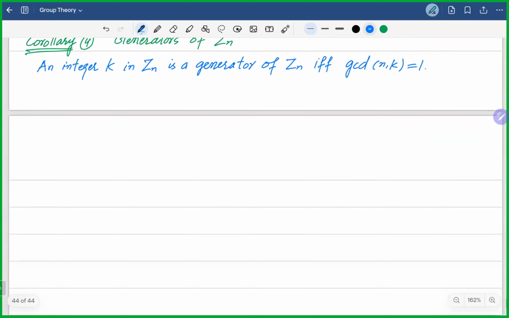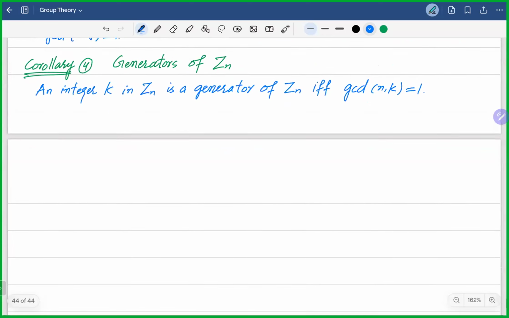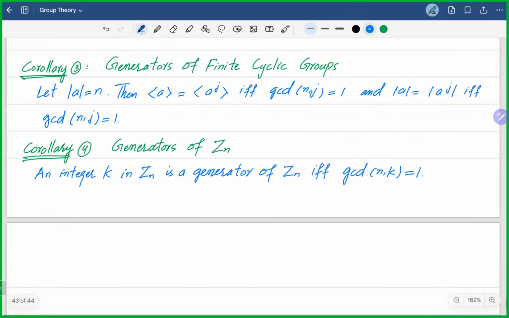Now, the value of corollary 3 is that once one generator of a cyclic group has been found, all the generators of the cyclic group can easily be determined. For example, consider the subgroup of all rotations in D6.